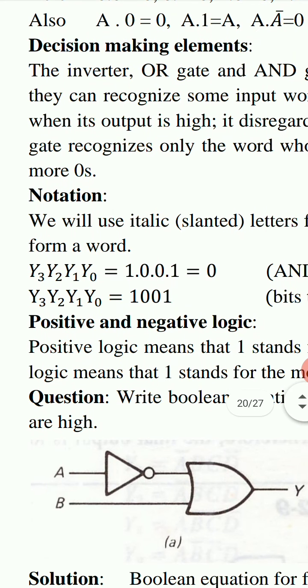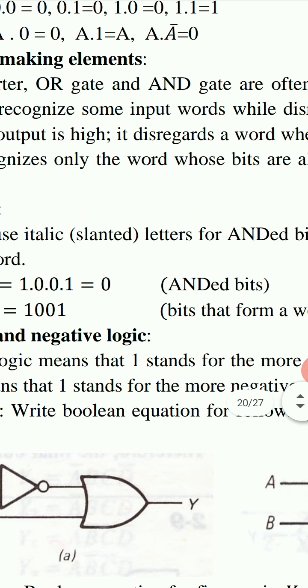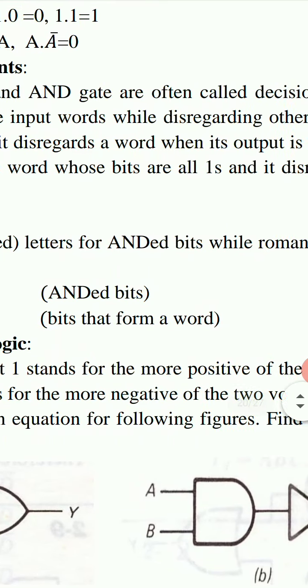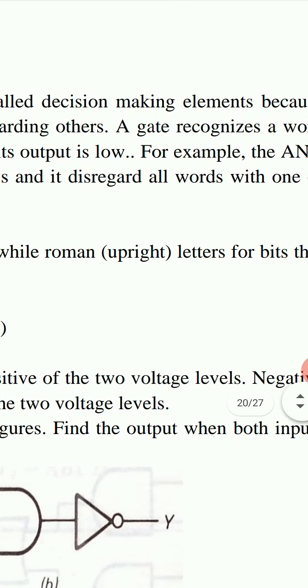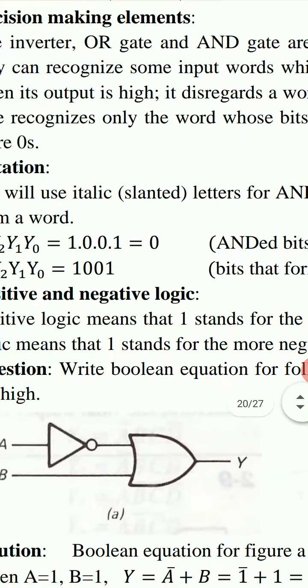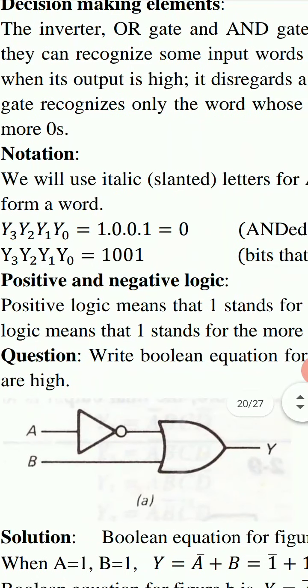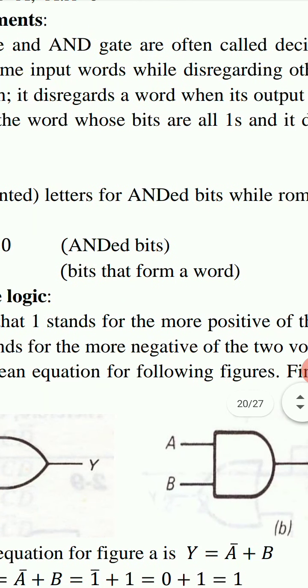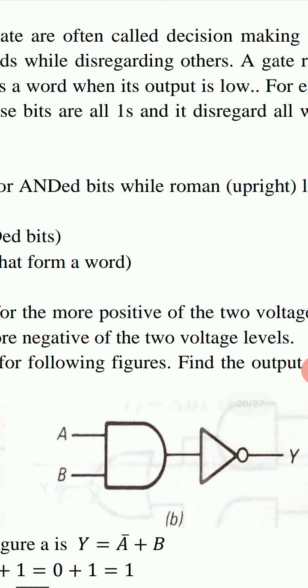Decision making elements. The inverter, that is NOT gate, OR gate and AND gate. These three gates are often called decision making elements because they can recognize some input words while disregarding others.